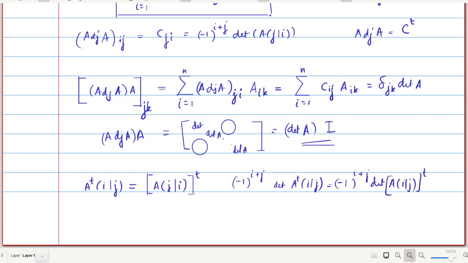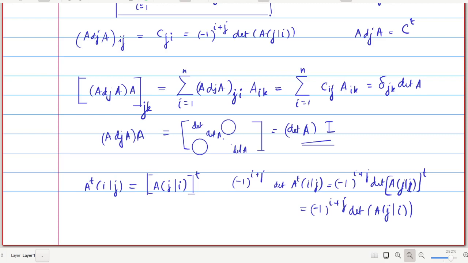But we know that the determinant of A transpose is the same as the determinant of A. So the determinant of the transpose of this matrix is the same as the determinant of this matrix. So that gives minus 1 to the power i plus j determinant of A_ij. This is our ji, the same as A of j by i.